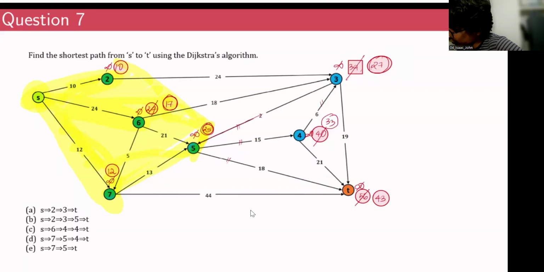Expanding node 3 along node T, that is 27 plus 19, that is 46. That is higher than 43. So I'll preserve 43 itself, right? So any other combination is going to be higher. So we'll preserve everything.